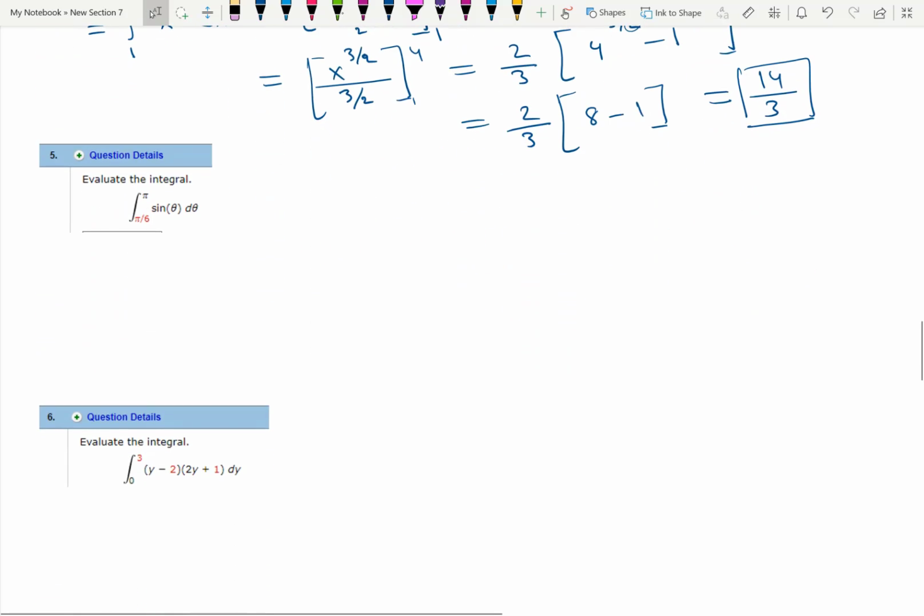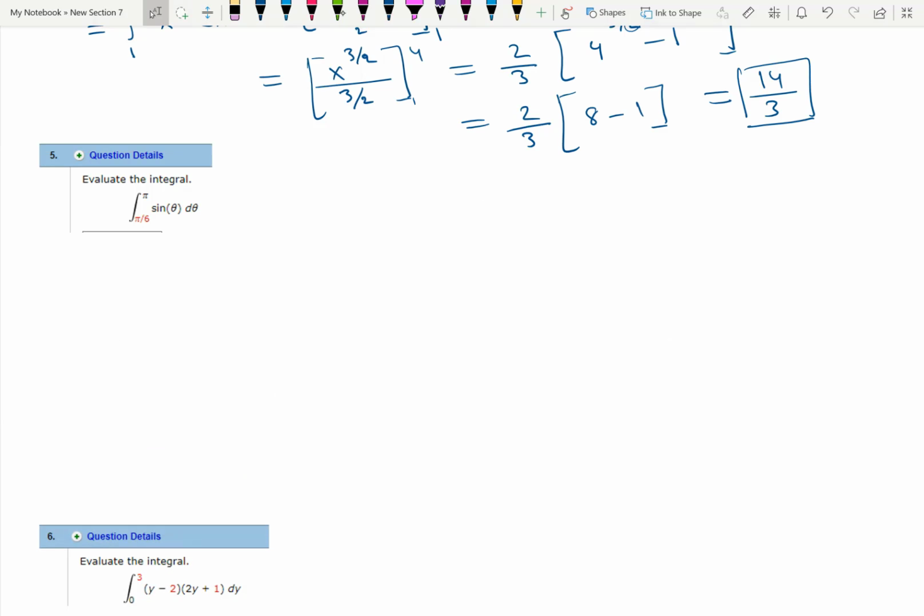Now for the next one, we know if we take the derivative of cosine theta, we normally get negative sine theta. So if we integrate sine theta, we will get negative cosine theta, because integration is the reverse process of differentiation. So the integration of sine theta is negative cosine theta.